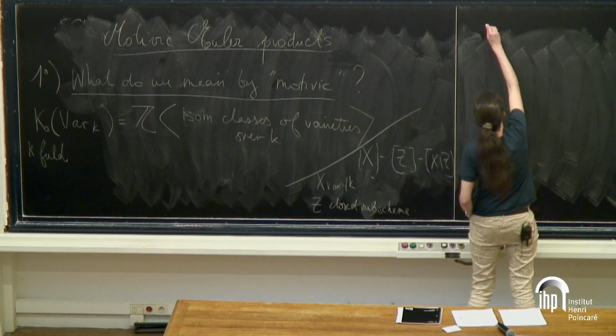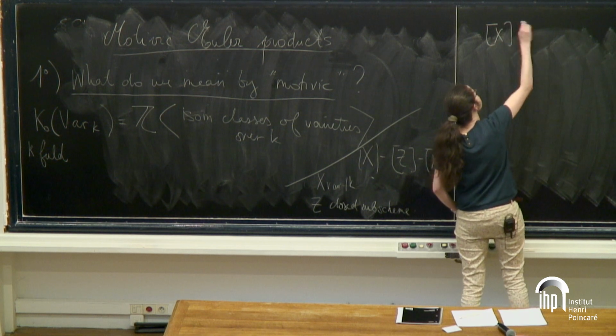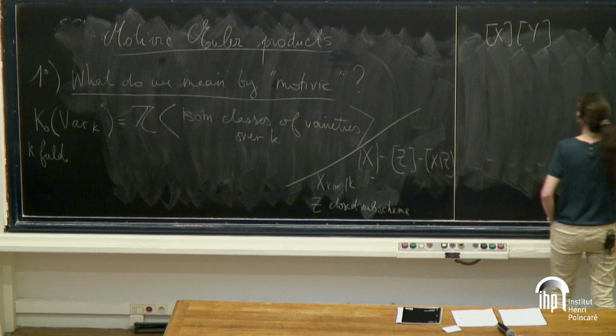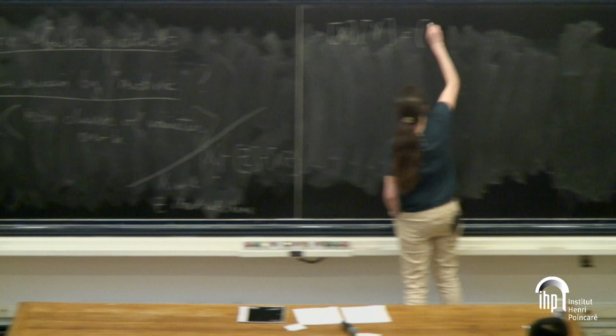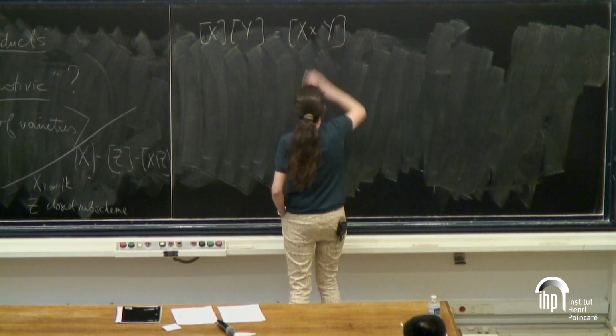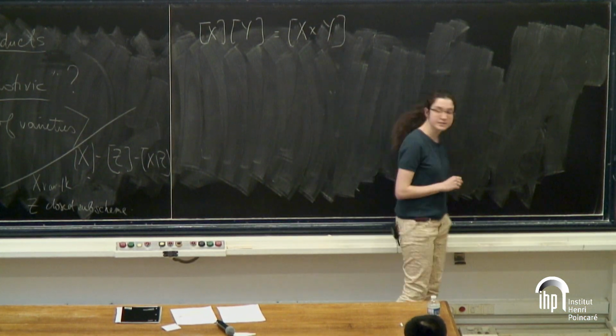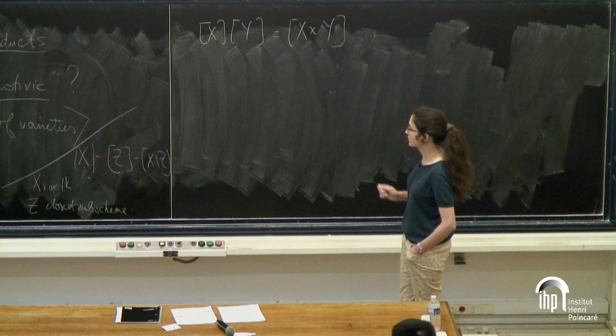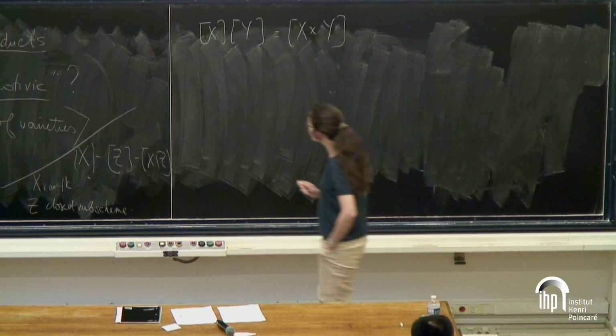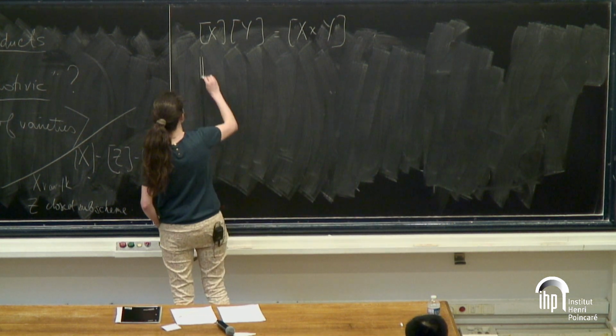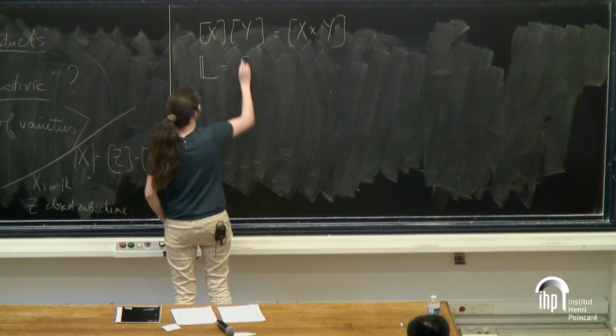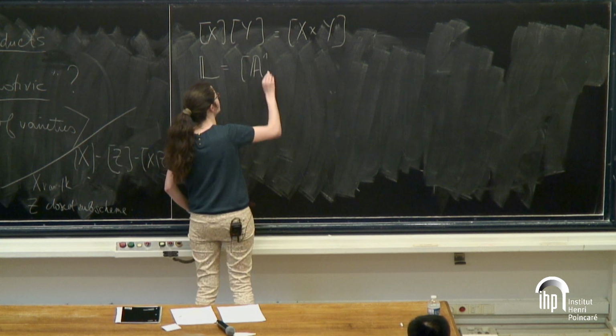There is also a product. If I have two classes in the Grothendieck ring, I can multiply them by taking the class of the product. So the unit element for this will be just the class of the point. And another important class is the class of the affine line over K.